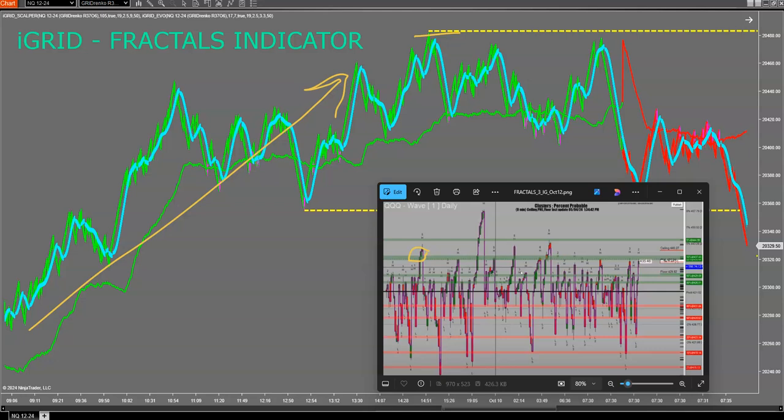What are the probabilities that price will keep going up versus what are the probabilities that now we're going to get some sort of reversal before we would potentially go back up again or have a continuation lower.